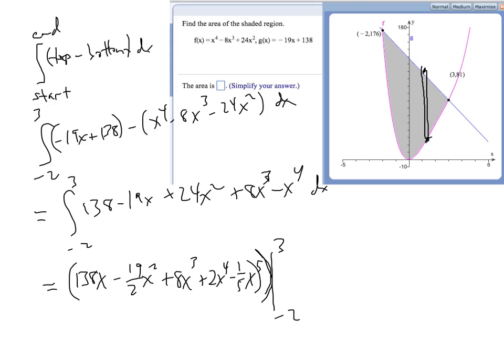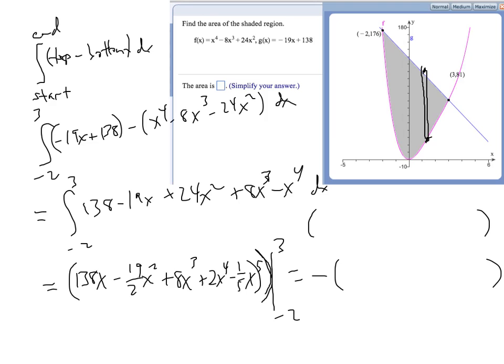Okay. And so now I have to plug in 3 and plug in -2. And so that can be a challenge. Plug in 3 and then minus plugging in -2. But again, keeping parentheses on here is really going to be the key. I would leave the fractions as fractions. So let me just get my calculator out here.